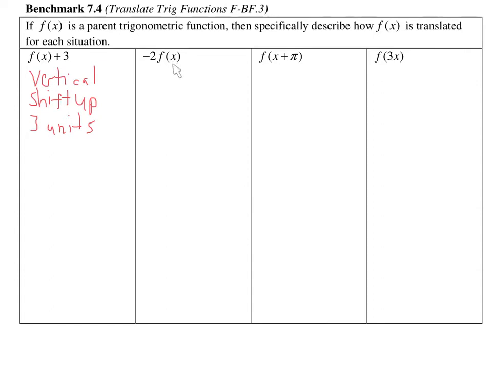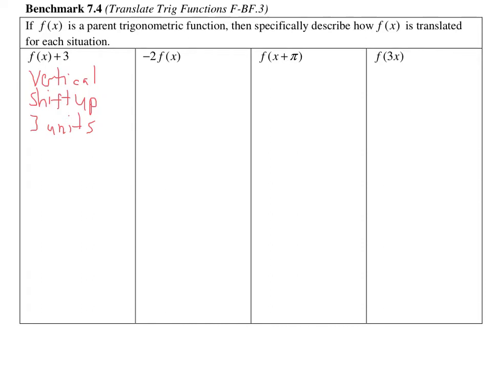Now for this one right here, the negative 2 in front does something else. A number in front of a function, like negative 2 sine x, says to stretch it vertically or shrink it. Since it's a 2, you're getting bigger, so you're stretching versus shrinking.